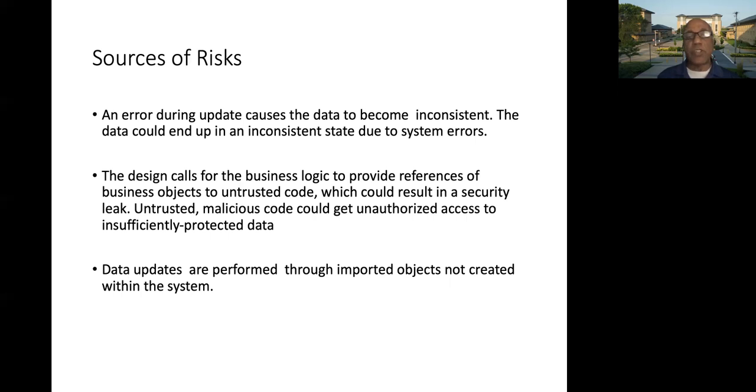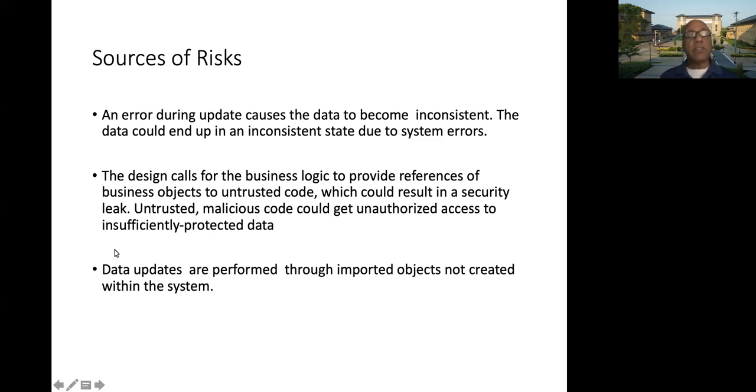Maybe there was no malicious intent, but we could have code that has errors and uses references of objects. For example, you provide a book object to the user interface, and the user interface goes and changes some fields. Those things could result in inconsistency of our business objects.